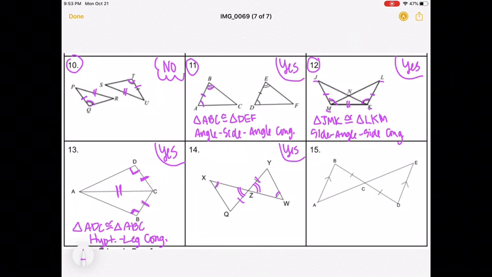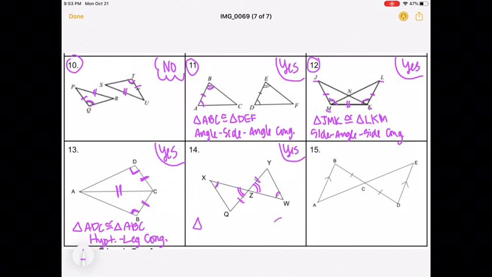Okay, so I have angle, angle, side. One thing there is you don't want to say it opposite, like don't say side, angle, angle. It would be angle, angle, side.